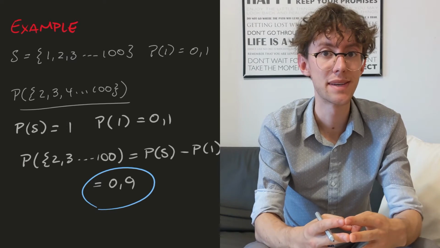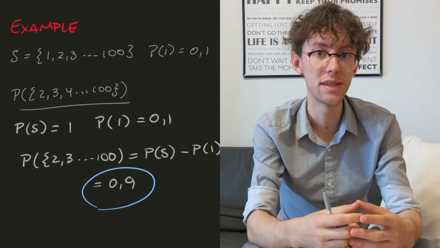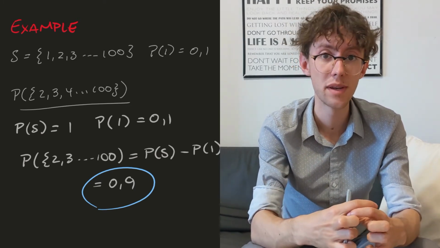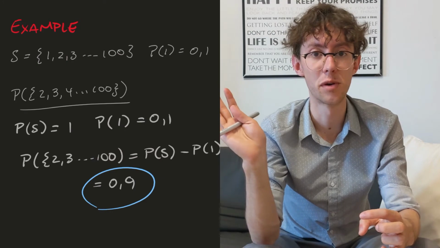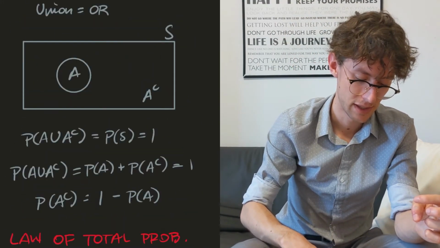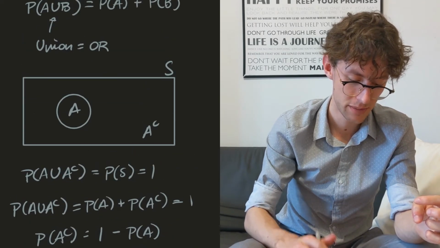We saw that the probability of S is equal to 1. If I have disjoint events and I know the probability of my 1, I can just remove that and I have the probability of the rest. It comes to what we were talking about at the beginning, that the probability of A, my apologies, let's go back here.